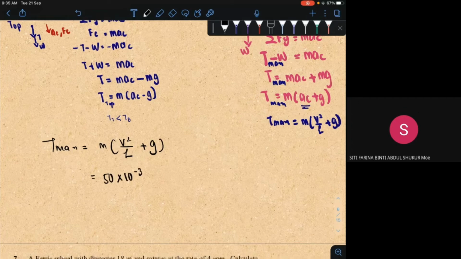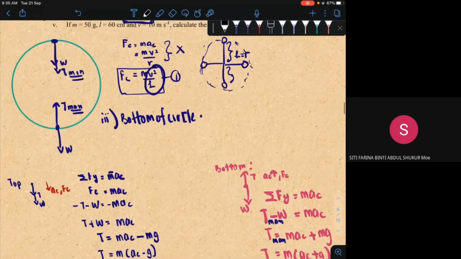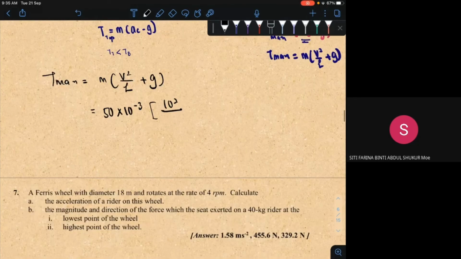Okay, tukar pergi kg. V square dia cakap berapa? 10. L adalah 60 cm. Tukar pergi meter, darab 10 kuasa negatif 2. And then plus with 9.81. So you press your calculator, you will get jawapan yang dia bagi adalah 8.8.